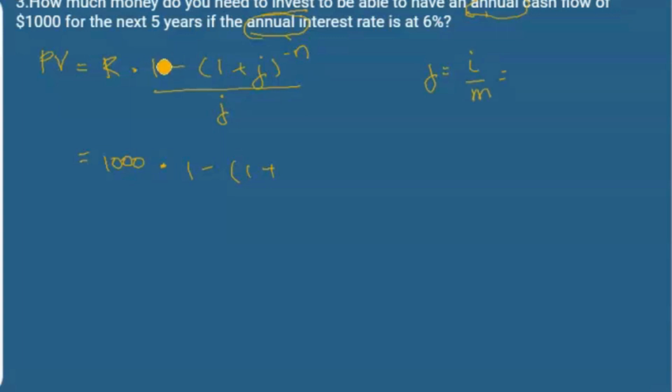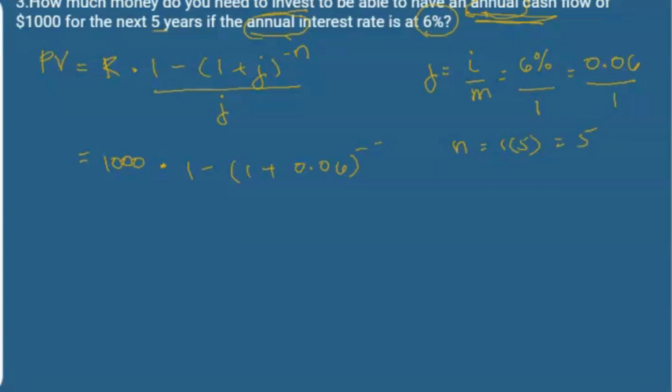The interest rate is 6%, so 0.06 over m, annual, so over 1, it's just 0.06, raised to n. The n is an annual cash flow for 5 years, so 1 times 5 is 5.